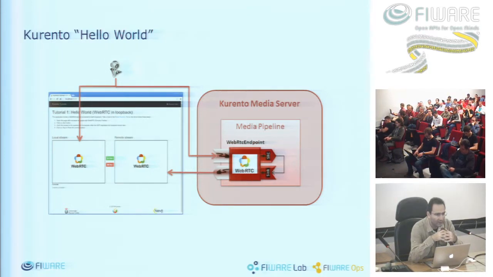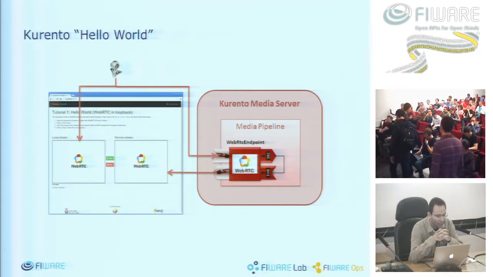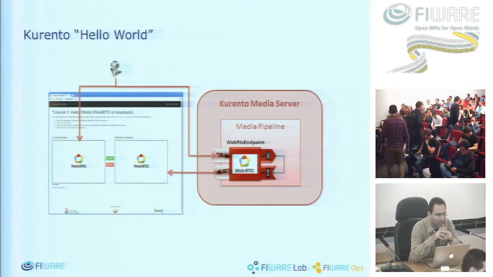And in this case, given that we don't want any kind of processing, we just need the capability of sending and receiving WebRTC streams. And the media element that is capable of doing that was the WebRTC endpoint. So in my pipeline, I just need to instantiate one WebRTC endpoint, and connect this WebRTC endpoint to itself, so that its source is connected to its sink.